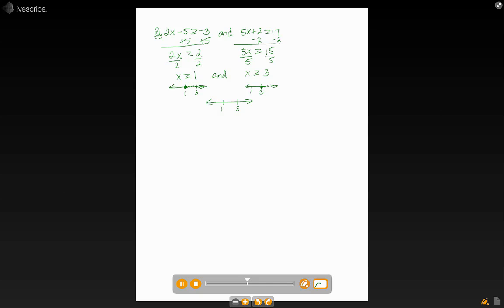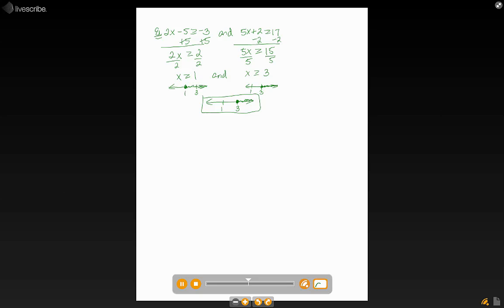And the right interval is the one that got shaded both times, right? So what's the answer? Shade the right interval. And do I include 3? Yeah, because 3 was included in both graphs.